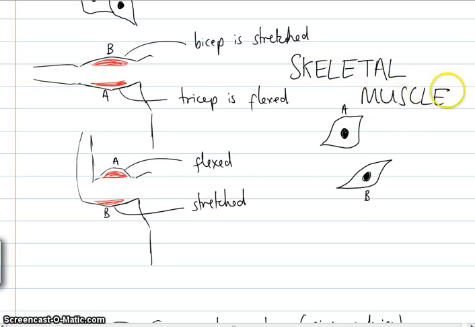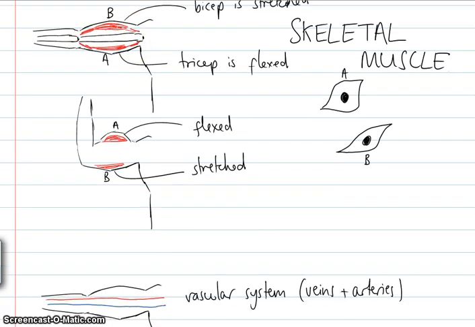Of course, the skeletal muscle is attached to the skeleton. If we could see bones inside here, I'll just do a very basic drawing. There's more bones in this, of course. But the bones here, the muscle would actually be attached to the bones. Okay, it's attached to your skeleton, which is why it's called skeletal.